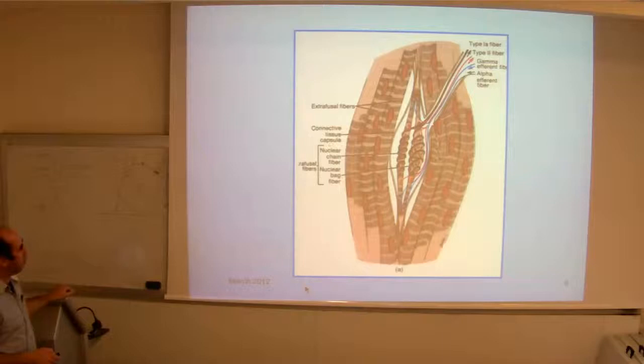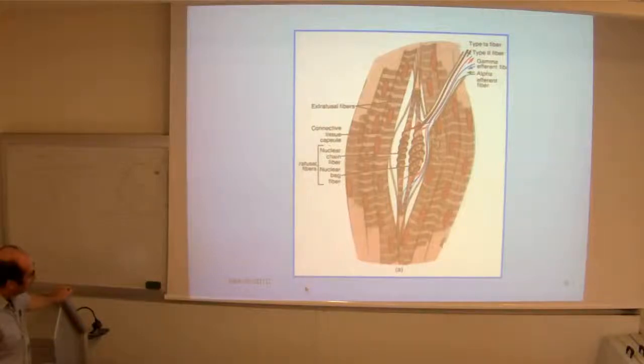What is also interesting is that on the side of these afferent axons, these IA axons, there are efferent axons, which are called the gamma efferent fibers.